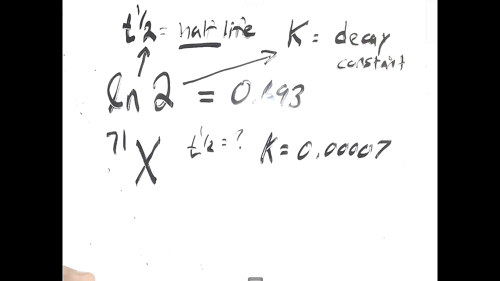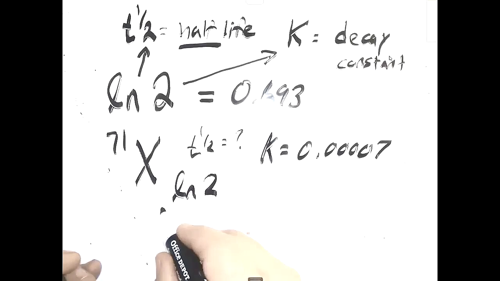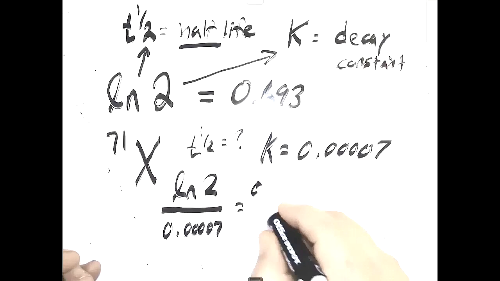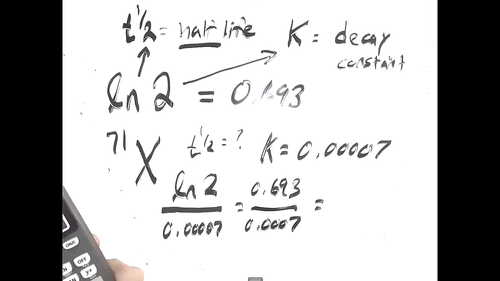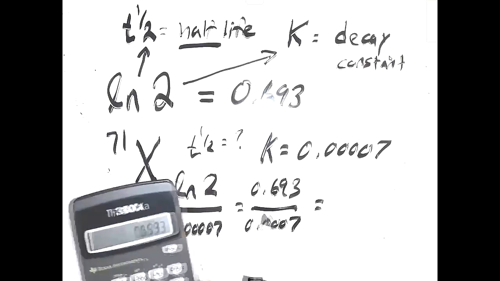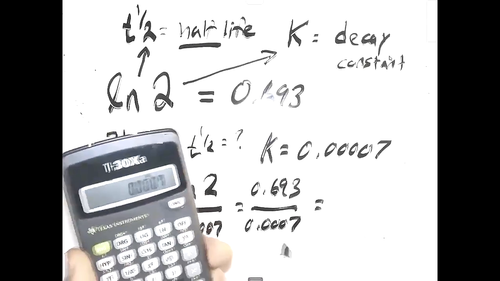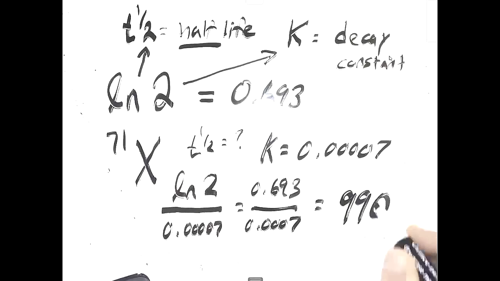Okay? All right, so again, natural log of 2 divided by the thing that we know, which is K, which in this case is 0.00007. And this is actually 0.693 divided by 0.00007. So now we just do the math, 0.693 divided by 0.0007. And we determine, hey, it's 990 years. That's the half-life.